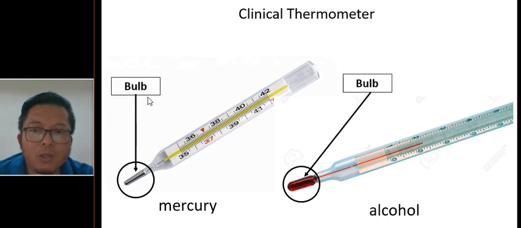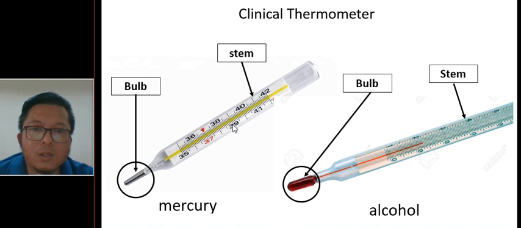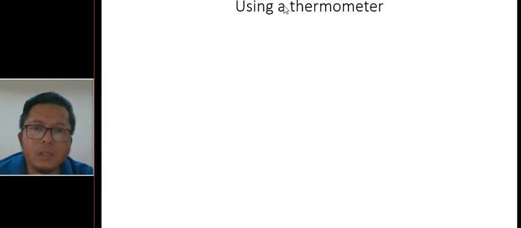This part is called the bulb. And this one, what do you call this one? This part is called stem. So remember, in a clinical thermometer, bulb, stem. Bulb, stem.